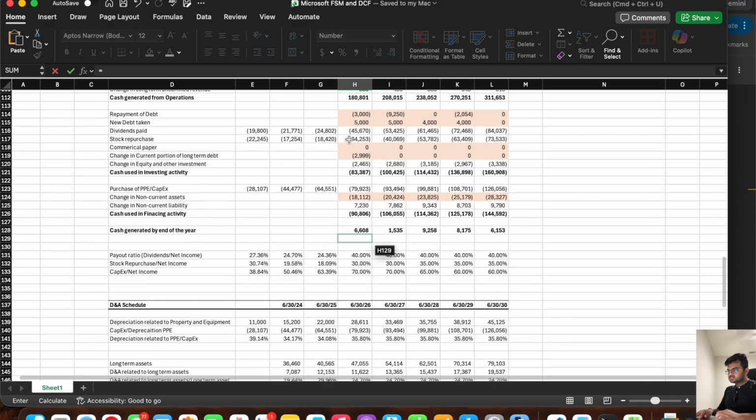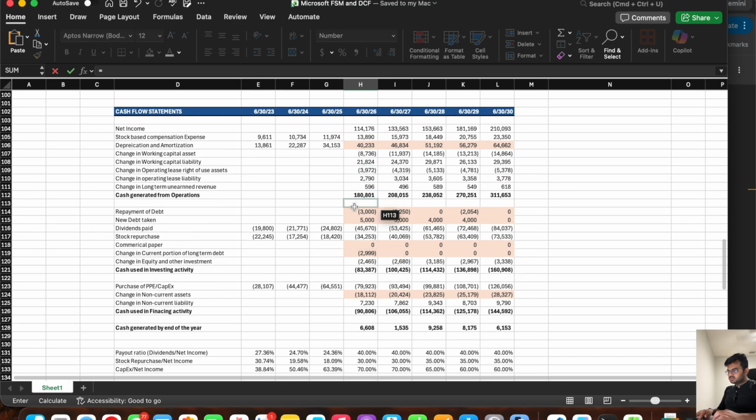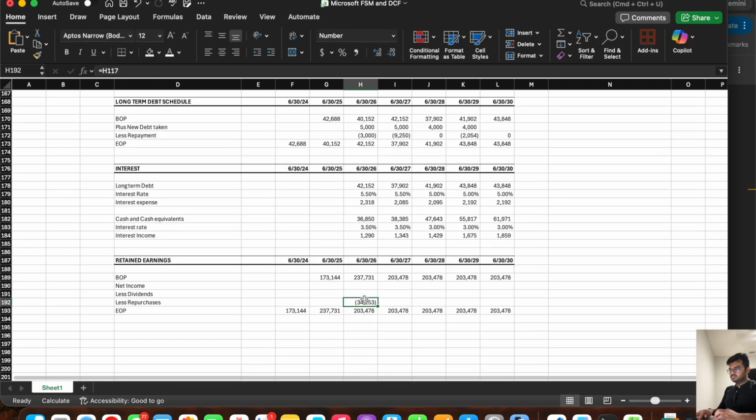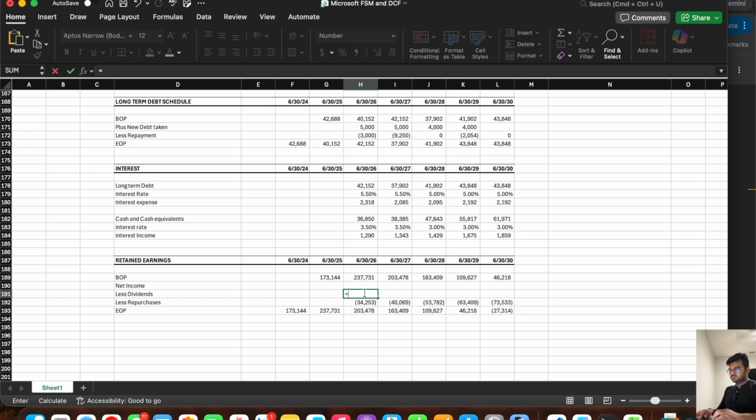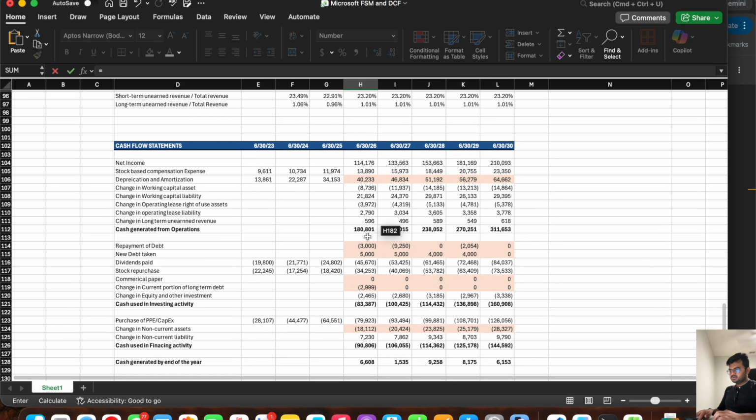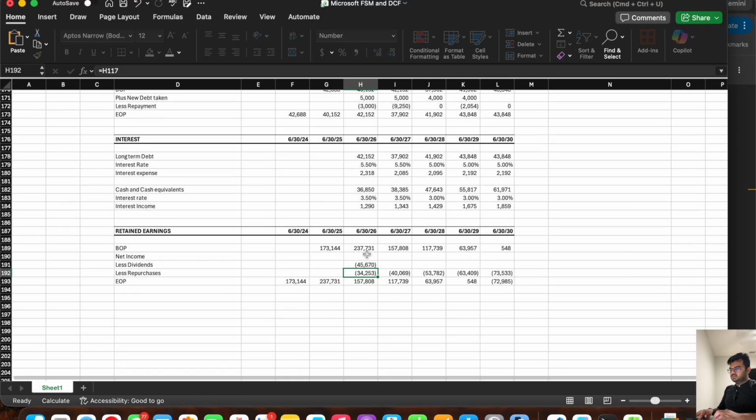Repurchase is in the cash flow statement. Where is the repurchase? Repurchase is this number, we'll put it in here. Then we also know the dividends in the cash flow statement. Let's go back, and dividends paid is this number. Let's update it.